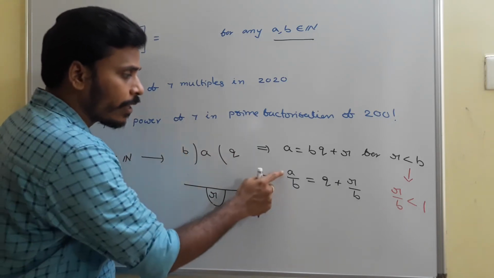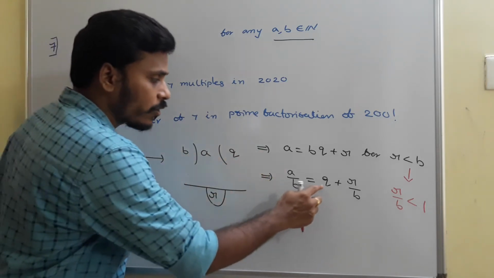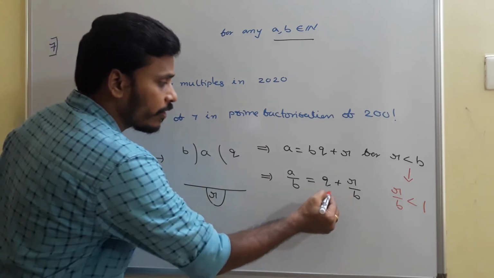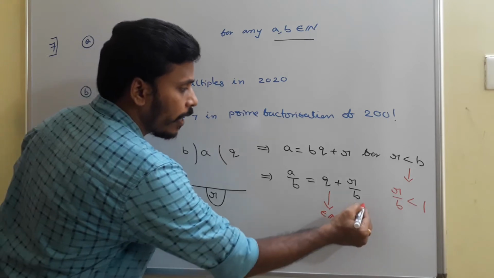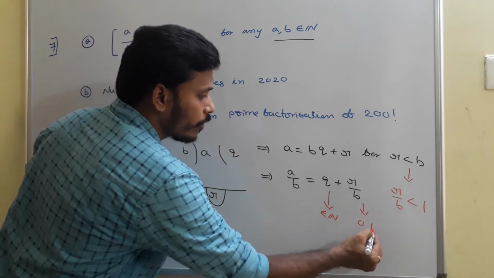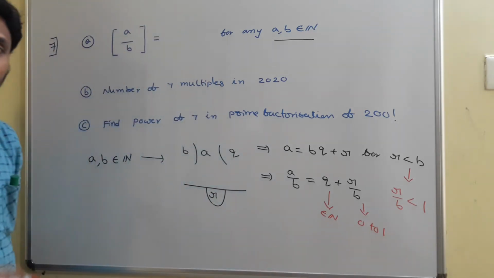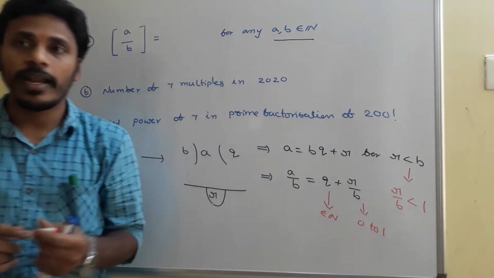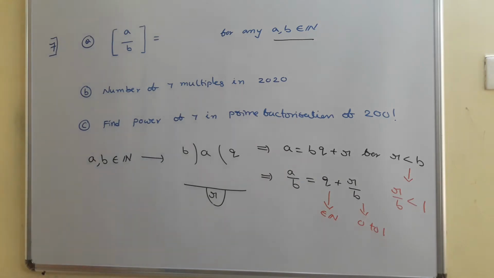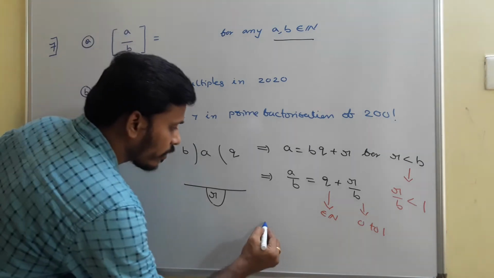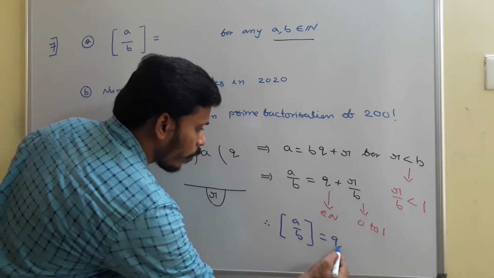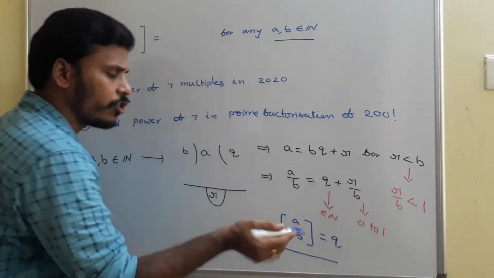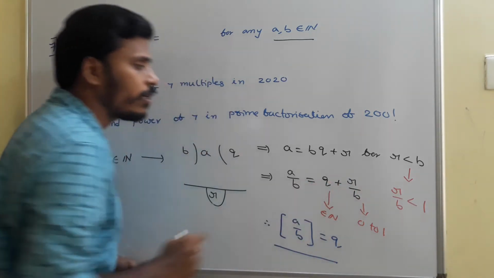And you just look there, a by b is equals to q plus r by b. Here this q acts like an integral part which is in the natural numbers, and this r by b is a number which is in between 0 and 1. Since q is a natural and r by b is a number in between 0 and 1, then we say that at the end the step of a by b is equals to q, whereas the step of r by b is 0, right? And the fractional part of a by b is r by b.